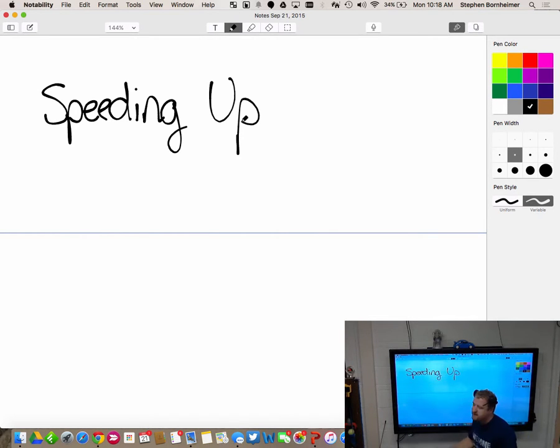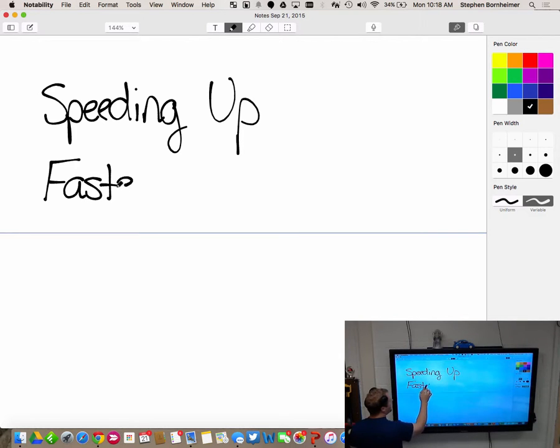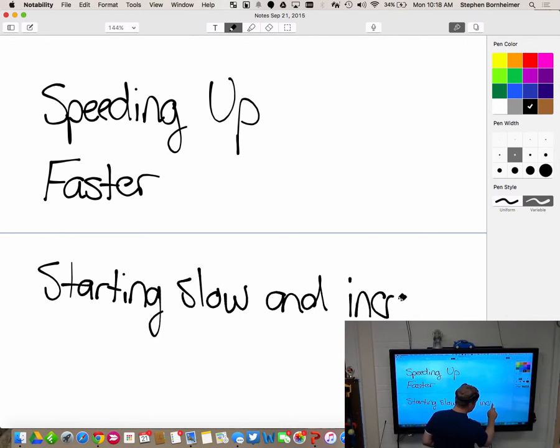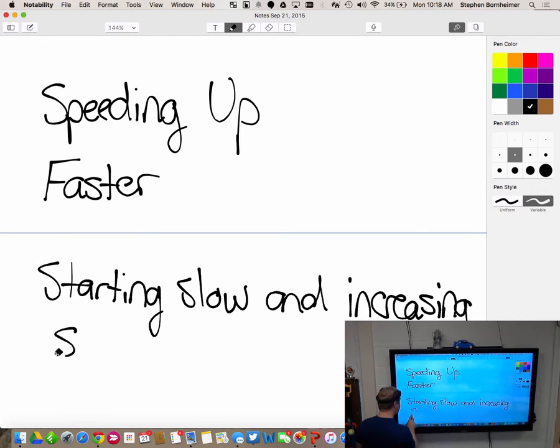Let's think of other ways to describe speeding up. I'm not going to ask for the floor to be open. I'm just going to kind of walk us through this. Speeding up could be written as faster. It could be written as starting slow and increasing speed.